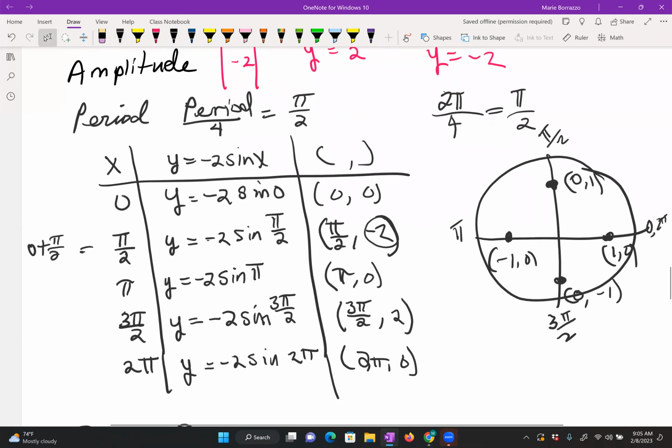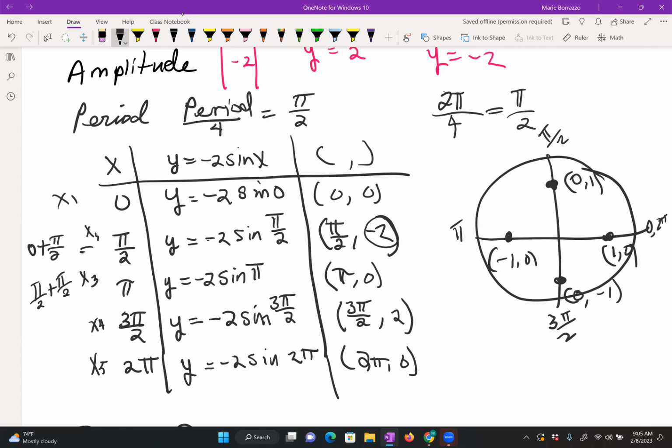The next value would be pi over 2 plus pi, I'm sorry, pi over 2 plus pi over 2, right? Because it's the previous one plus pi over 2, always. This is like your x1, this is like your x2 here. This is like your x3. This is your x4. And this is your x5.